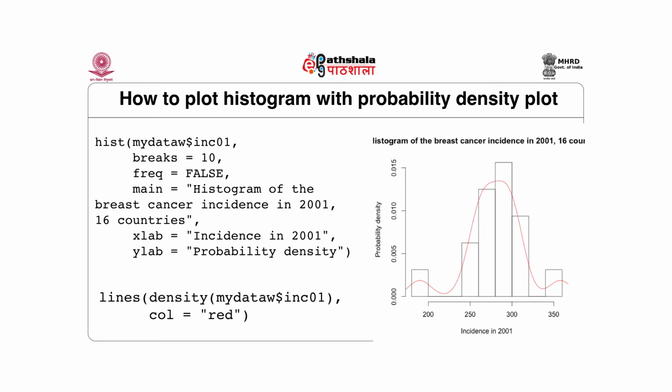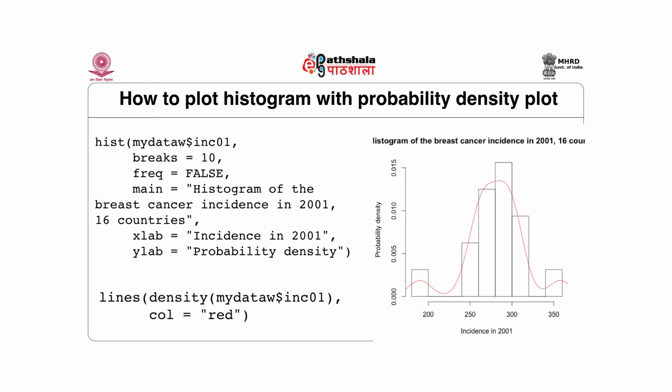As before, the title is given by main, which is histogram of the breast cancer incidence in 2001 in 16 countries. I have used ylab, which is probability density, and then I have used xlab, in which I have labeled the x-axis, and I told them that this is incidence in 2001, so that we know what those incidence rates were and how they were divided in the 10 individual groups.